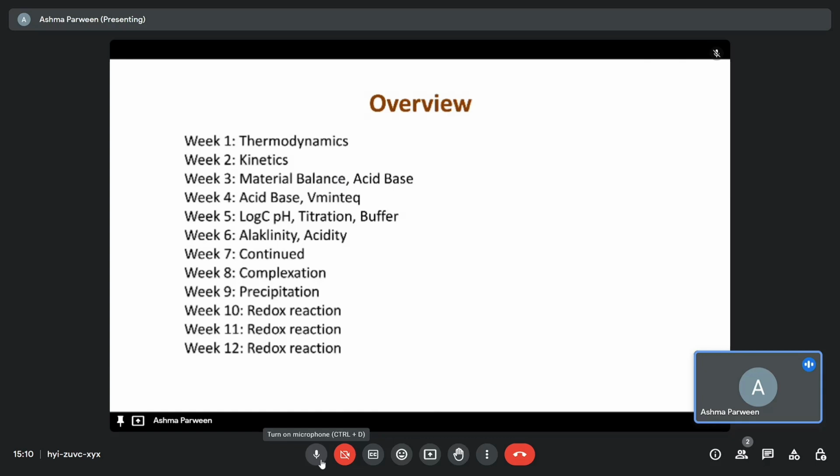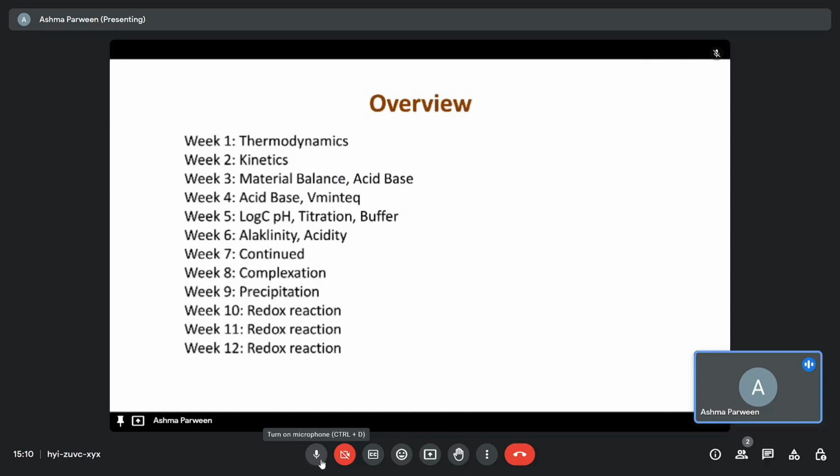So this was the overall set of topics discussed in this course. Week one was about thermodynamics, and some of the fundamentals of kinetics were also introduced in week one, with lectures on Gibbs free energy.